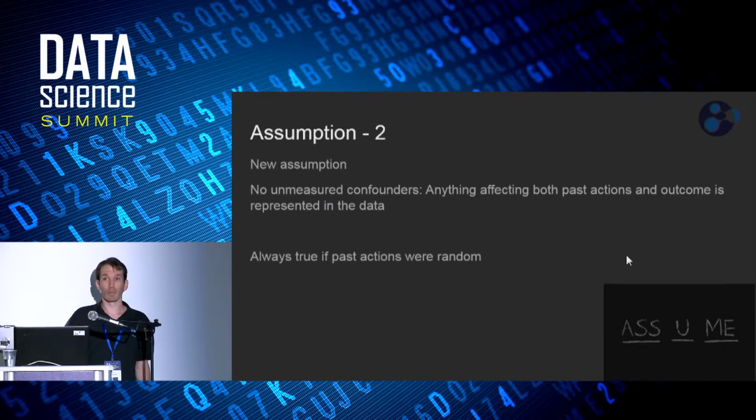If tall people were always acted upon in a certain way, and them being tall also affects the outcome, will the patient get better? Will the customer churn? And I don't have this information in my data, I don't have this feature, then I will not be able to properly control for it. So I have to assume anything which affects both action and value is in the data and accounted for, and the propensity model can capture it.